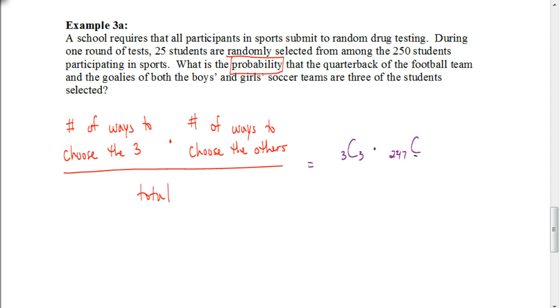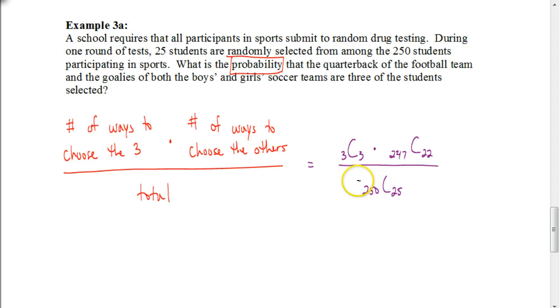And if we're randomly selecting 25 students, and we've already picked 3 to be these 3 here, now we're down to 22 students that would be selected out of those 247 student athletes. Out of our total number of combinations would be, well, the fact that there's 250 students and we're choosing 25 of them. So we can do this in our calculators.